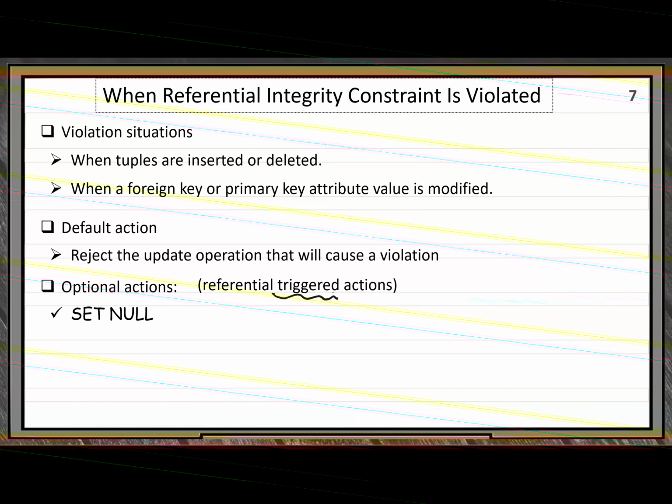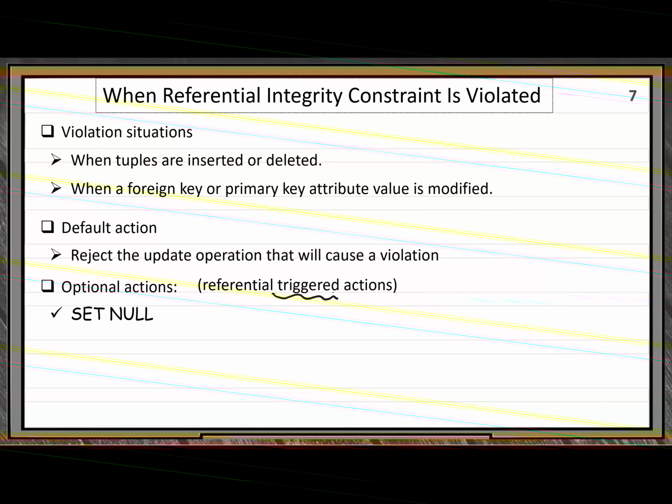The first one we call set null. Set the foreign key value to null. Think about when you delete one tuple in the R2 table. That tuple contains the primary key, and it's gone. Then how about the R1 table that references the deleted tuple?